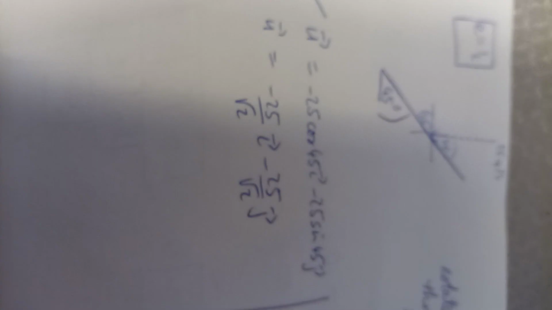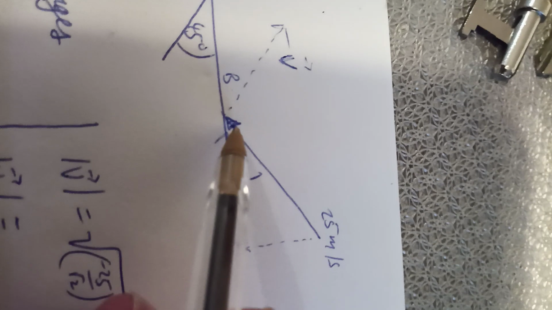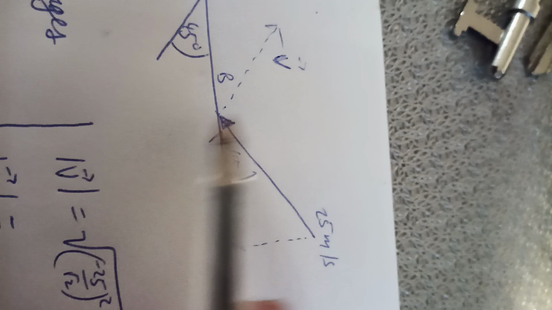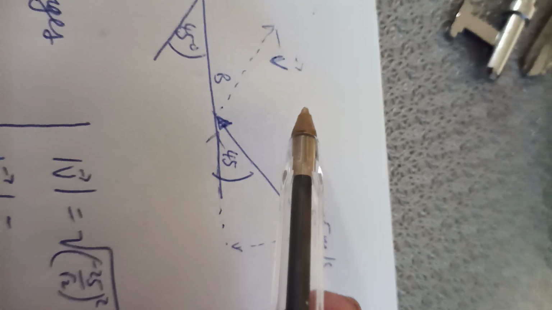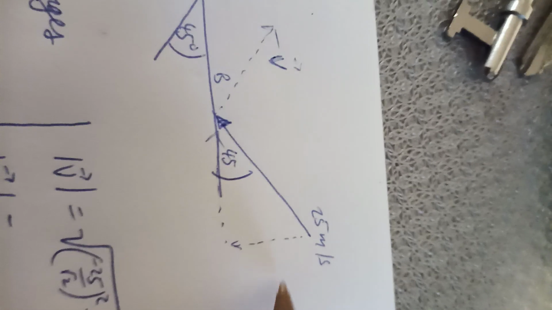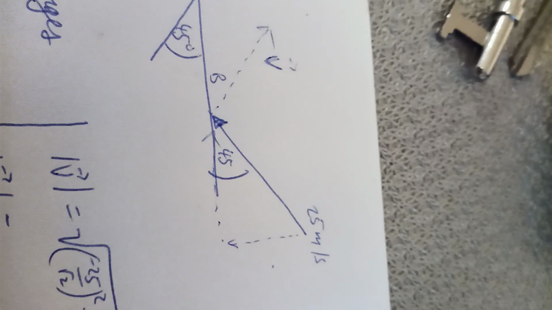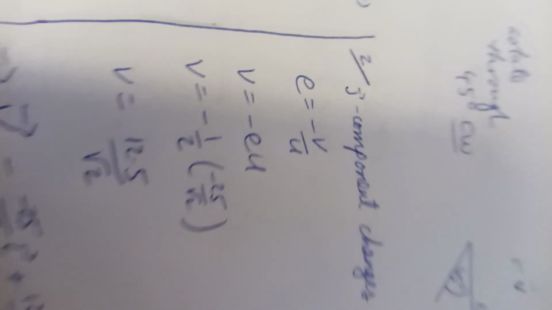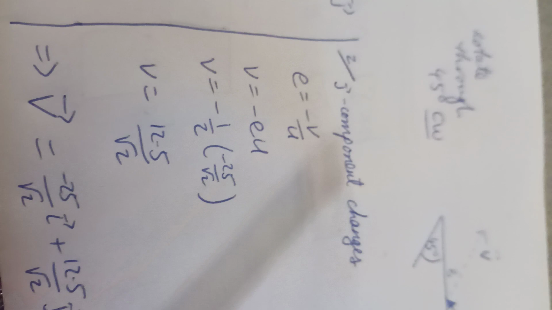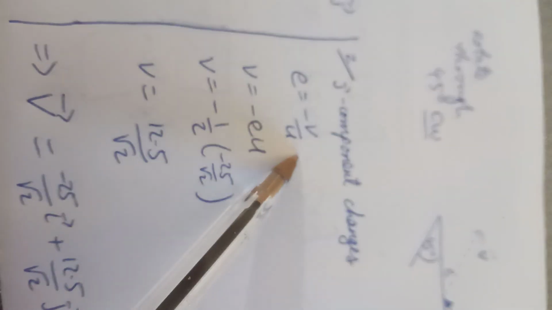All right, go back to our diagram. What we know now is when the particle hits the plane, it experiences an impulse perpendicular to the plane, so vertically up. That means the j component is going to change, but the i component stays the same. So we apply Newton's elastic law in the j direction. E is minus v over u.